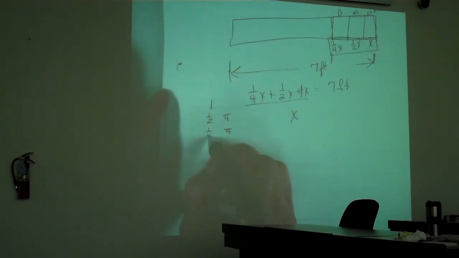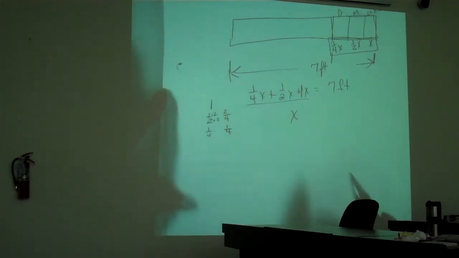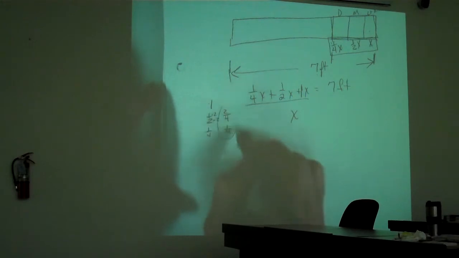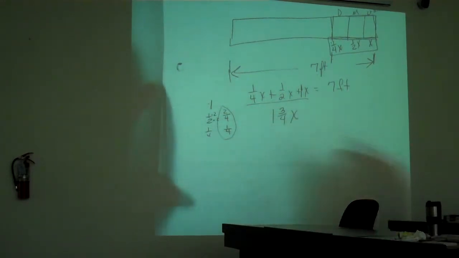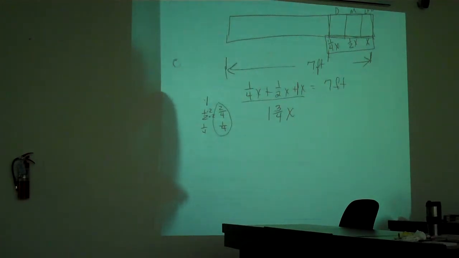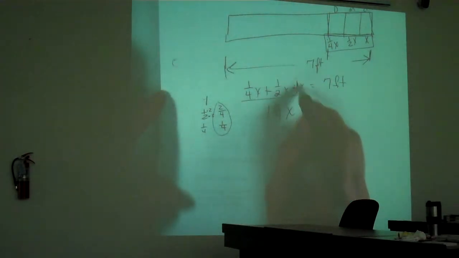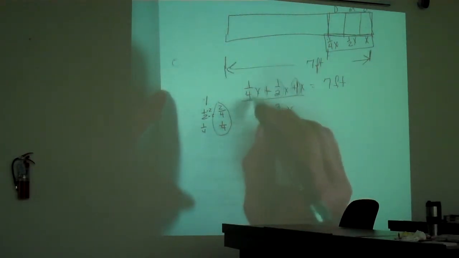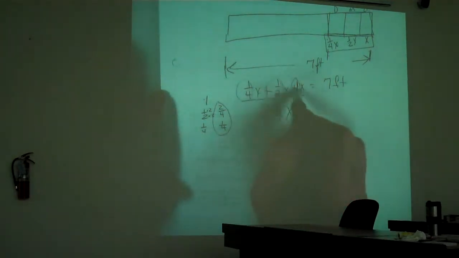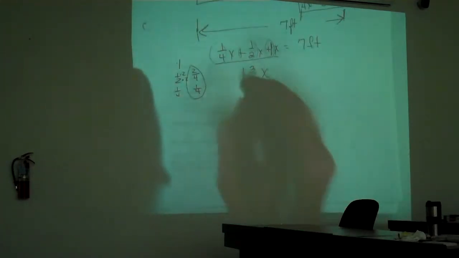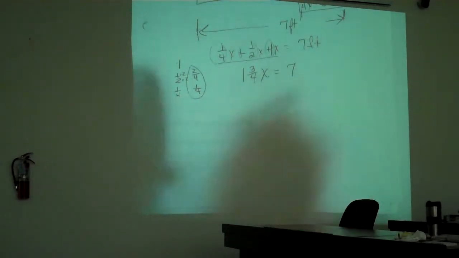So 1/4 stays 1/4. 1/2, you have to multiply it by 2 is 2/4. So you have 1 plus 3/4. So 1 3/4. You're just adding the coefficients, the numbers in front. Okay. So you have 1 3/4 X equals 7.